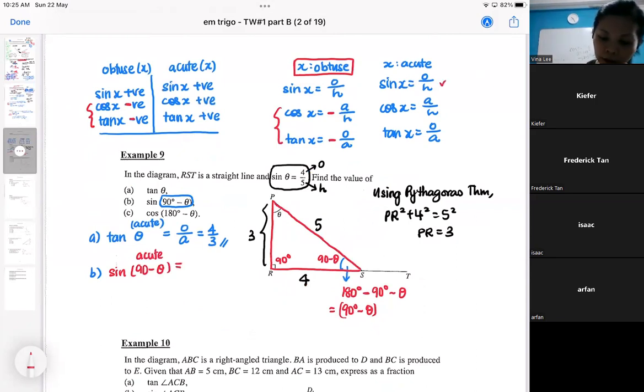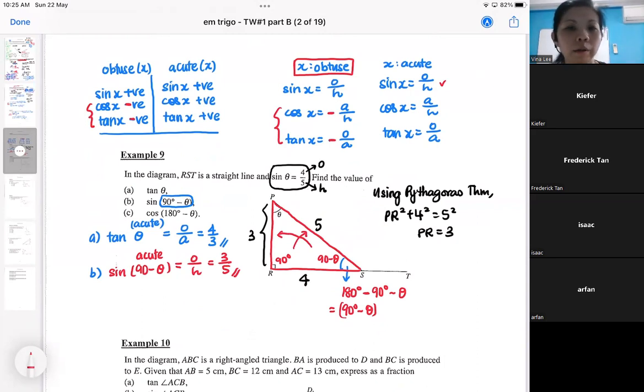So I should have directly an O over H. So this is the O, this is the H. So this is the O and then this is the H. So for every angle, the OAH might change. So you might need to erase accordingly, or else it will be a bit confusing on your diagram.